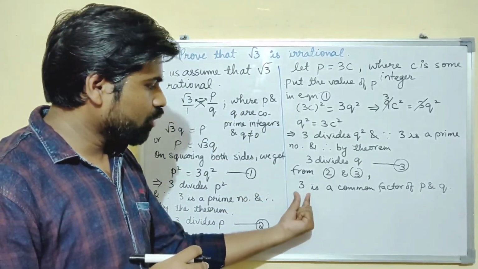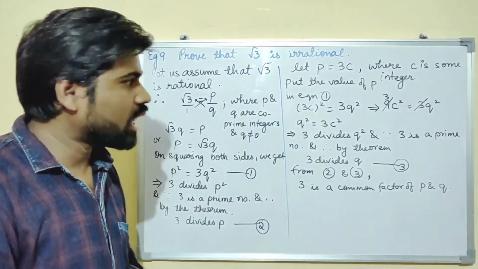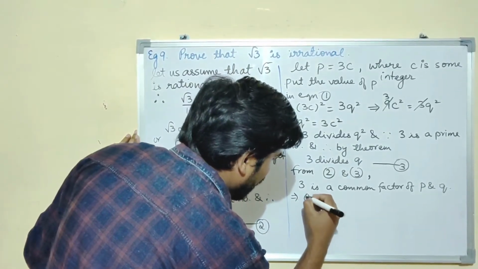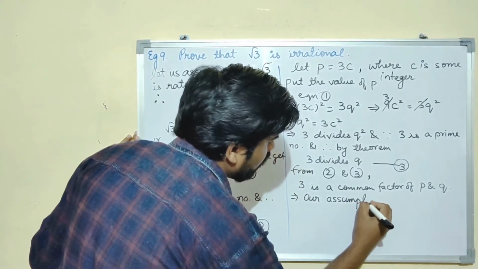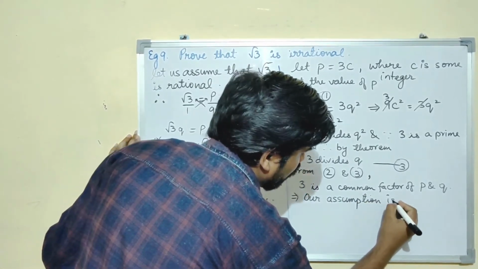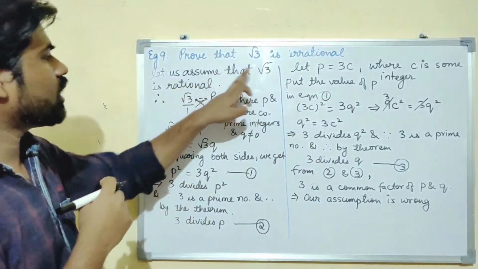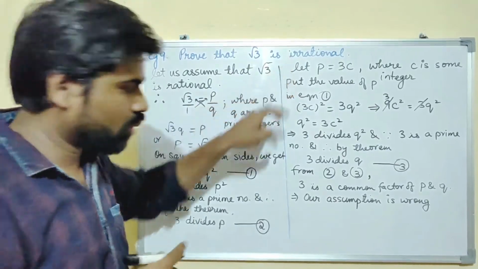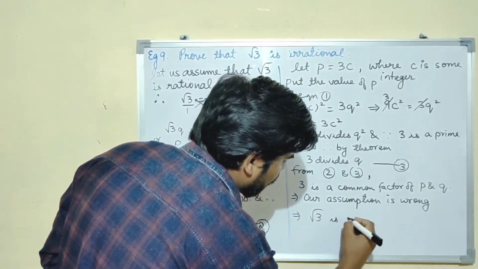Here we got that 3 is a common factor of P and Q. That means our assumption is wrong. If our assumption that root 3 is rational is wrong, then this implies that root 3 is irrational.